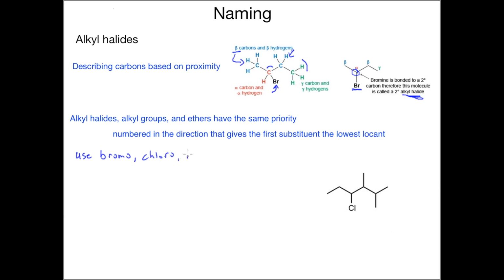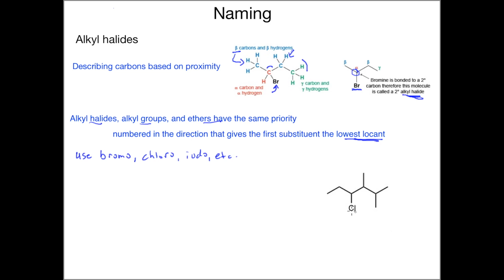So when naming alkyl halides, what you want to do is use bromo, chloro, iodo, fluoro, those guys there, when you stick on the substituent. So you, of course, need to identify the locant, right? And the other thing that's important is that remember that alkyl halides, alkyl groups, and ethers, if you remember what that is from the last slide, have the same priority.